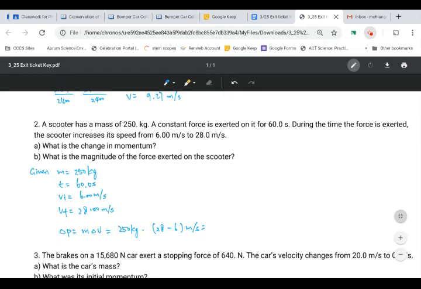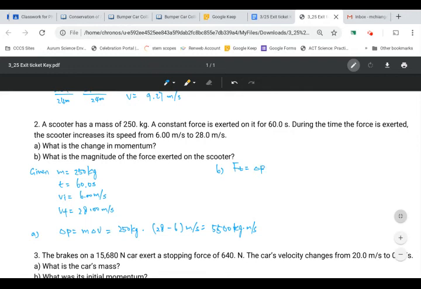You got 5,500 kilogram meters per second. All right, that's part A. Part B, what is the magnitude of the force? So Ft equals delta p, right?